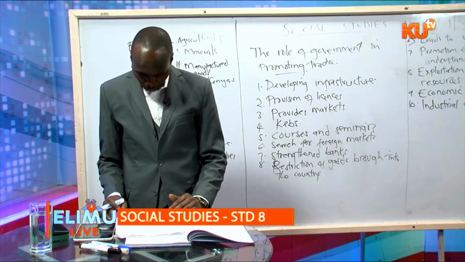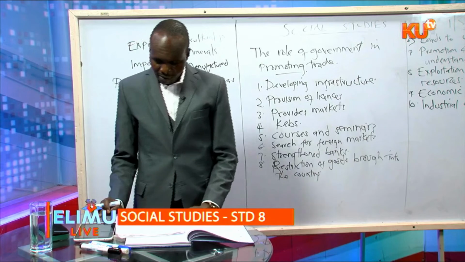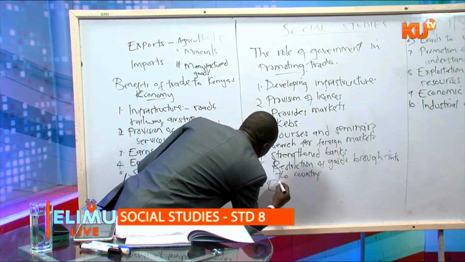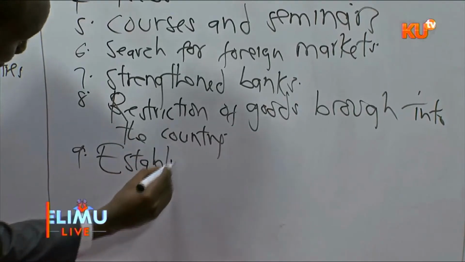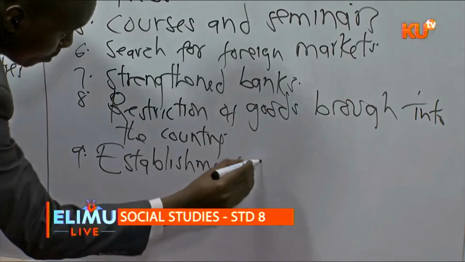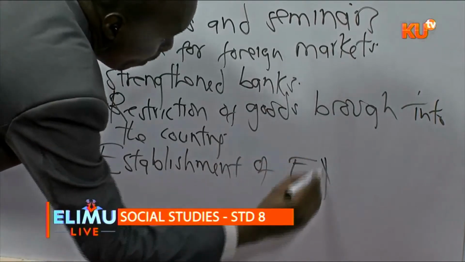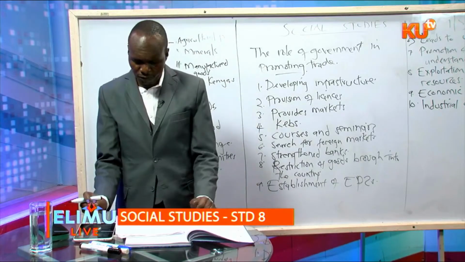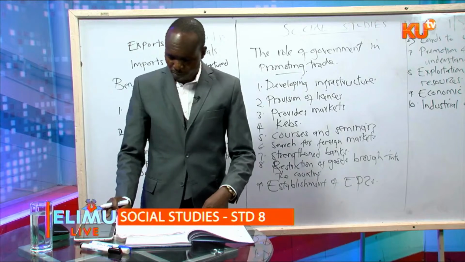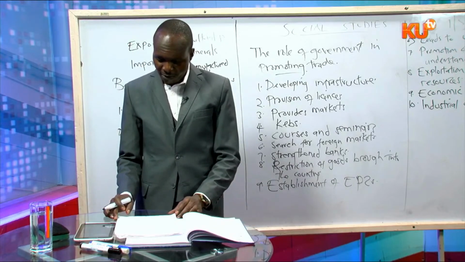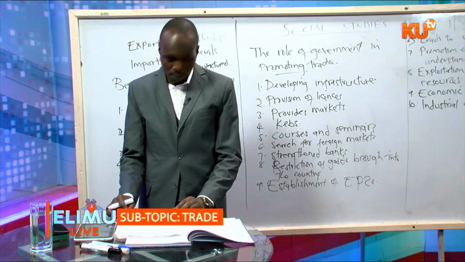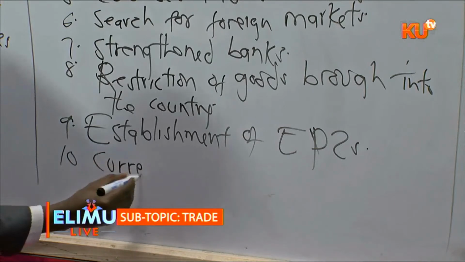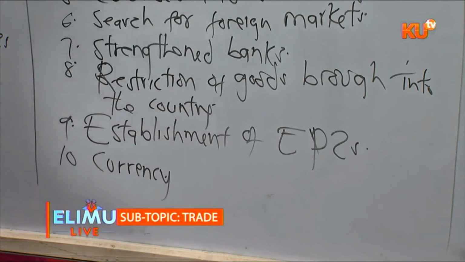The government also has established export processing zones, which produce goods for export promotion. The government has also provided currency, which is used as a medium of exchange.